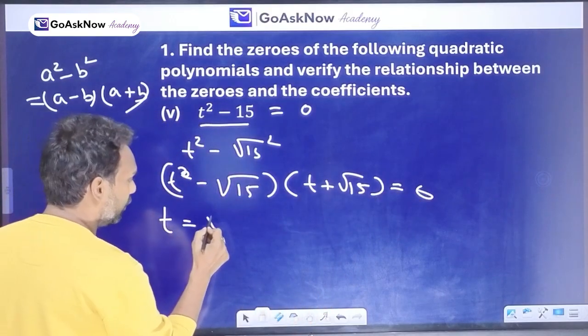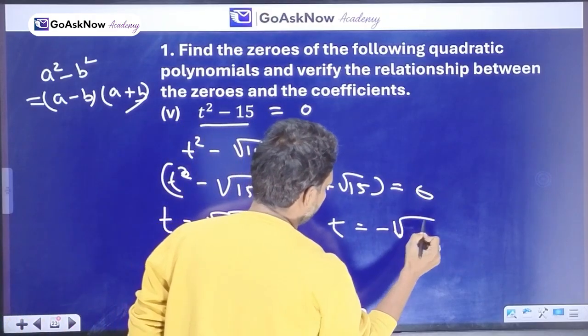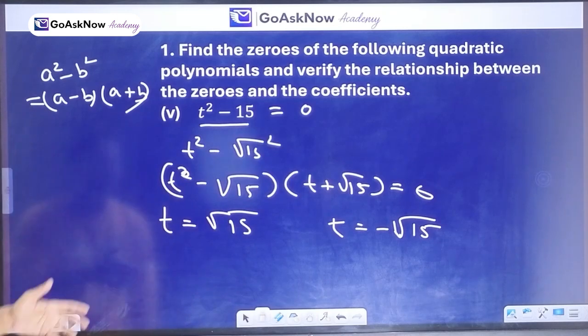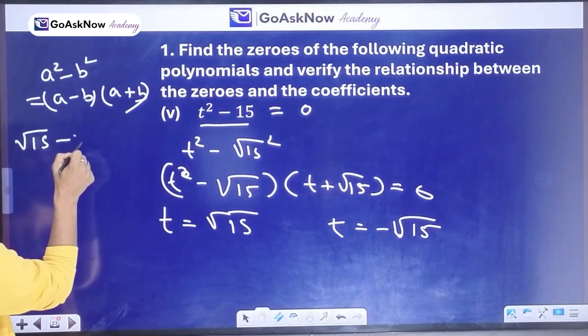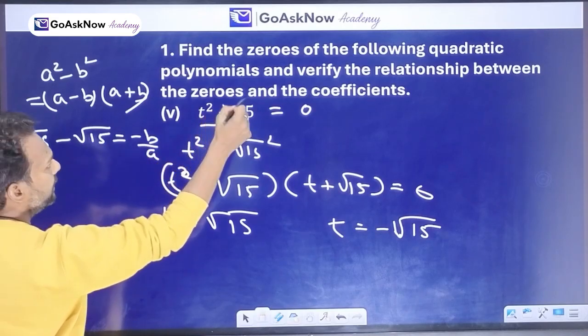Then t is equal to root 15 and t is equal to minus root 15.